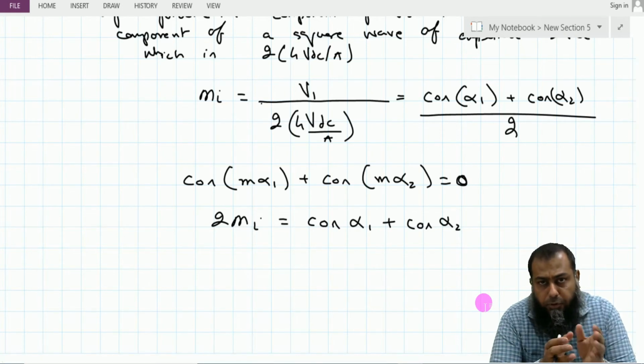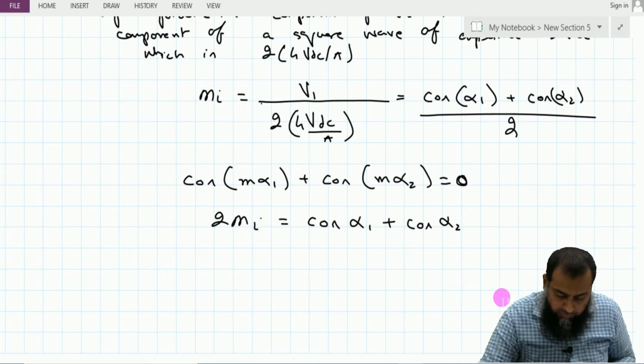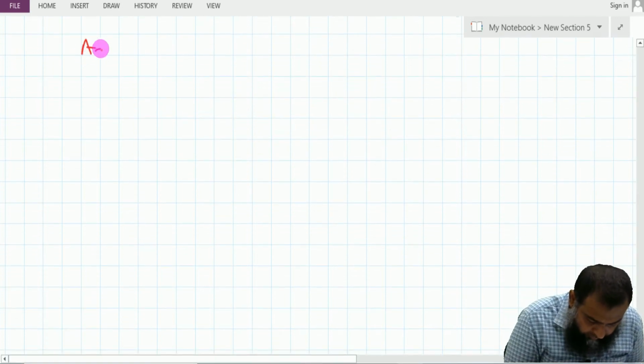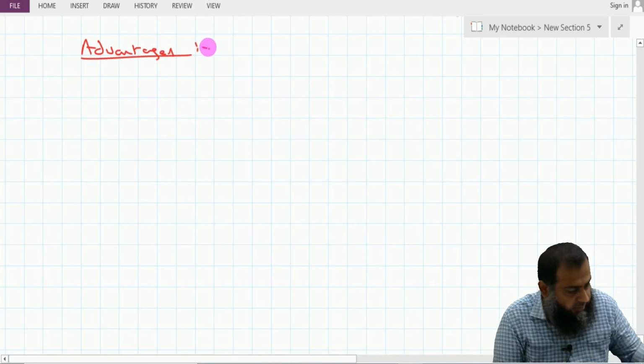But the point here is, what are the advantages and disadvantages of using a cascaded connection of two quasi-square wave inverters? You see, the very first advantage here is, let us write down the advantages here. The advantages are quite simple.